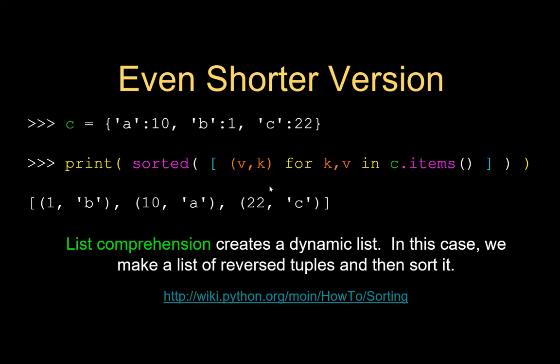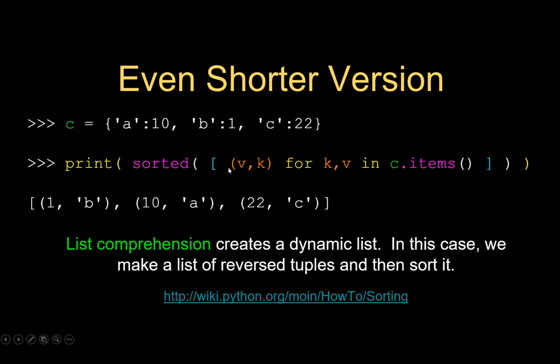So we're going to generate it on the fly. We're going to have a for loop for key and value in the dictionary, c.items. So it goes through each key and value that we have here. For example, for A and 10, we're going to have value and key, which is 10 and A. So we will have a dynamic list of tuples in this square bracket, which is going to be 10A, 1B, 22C.